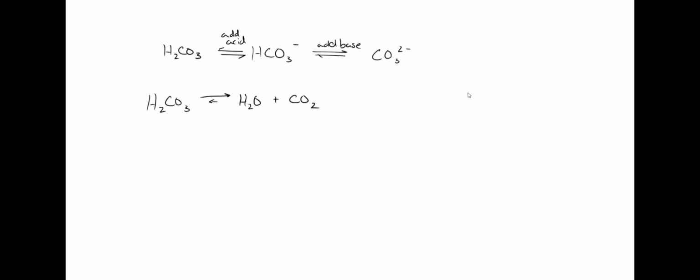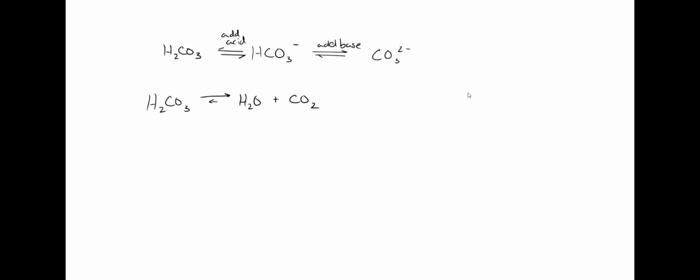If for any reason the amount of bicarbonate becomes too low in the blood, we can always react carbon dioxide with water to make more carbonic acid, which then in turn can react with any base to form bicarbonate ion again. Well, how could this happen? This goes back to Chapter 7 when we talked about Le Chatelier's principle.